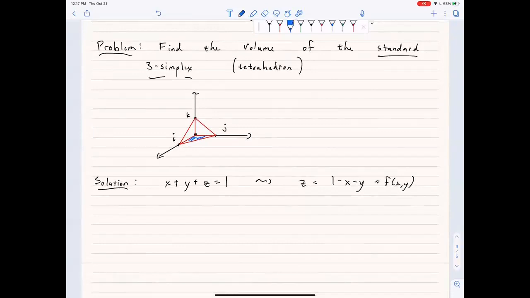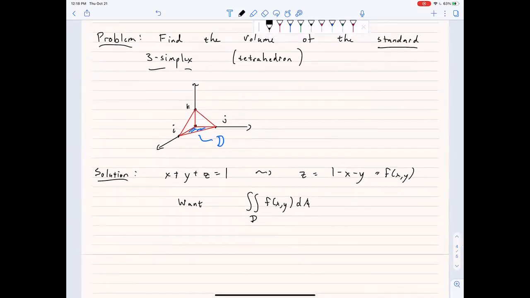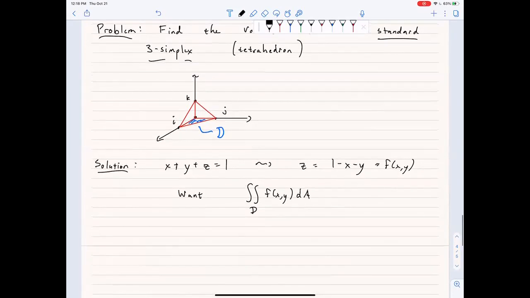So let's take this blue domain, call it D, and we'll integrate. We want a double integral over this domain of f(x,y). And that should give us the volume of this tetrahedron. Okay, so now we're in this situation.